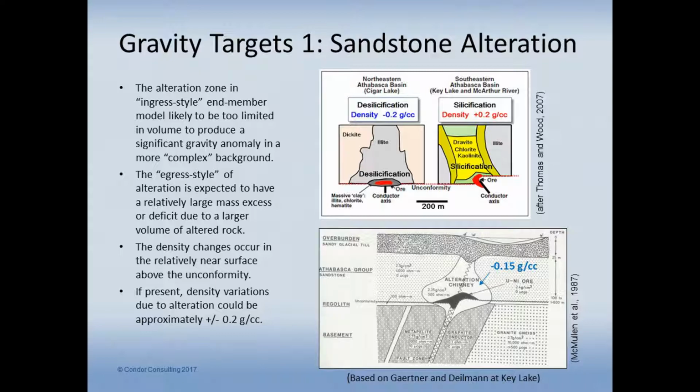But the idea here being that the alteration is above a fault zone, the mineralization is at the unconformity in this case. The alteration chimney rises towards surface and is being truncated by overburden. So we've got the problem of seeing through the overburden, seeing through lakes, but we have this small density difference that can extend over a large volume of rock directly over the deposit, potentially. We've also got the density contrast between the various gneissic rocks.